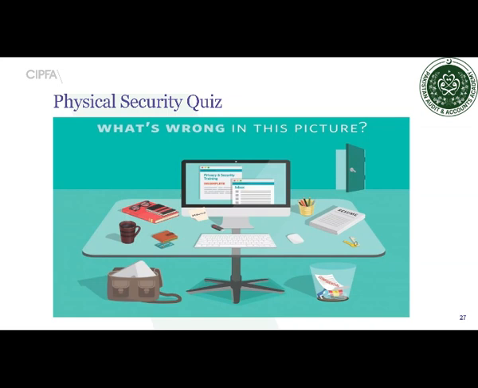Open system, open email. What else? Laptop, yeah. They've mentioned the confidential papers. Anything else? Say it again. Underwear? Resumes, yeah. So privacy, personal information.